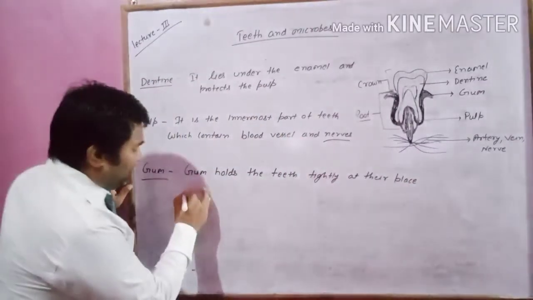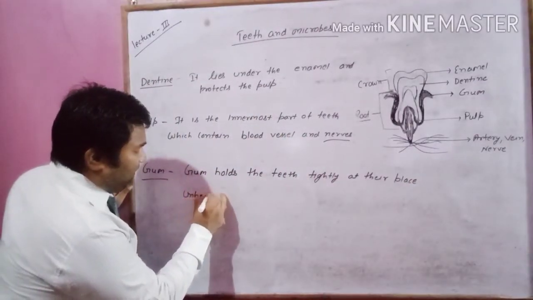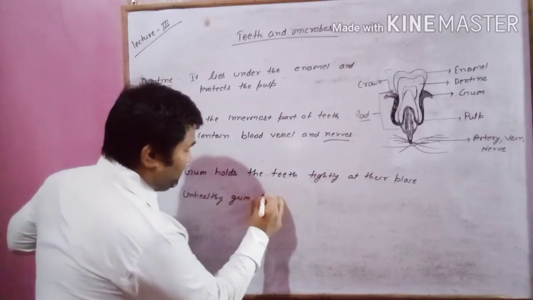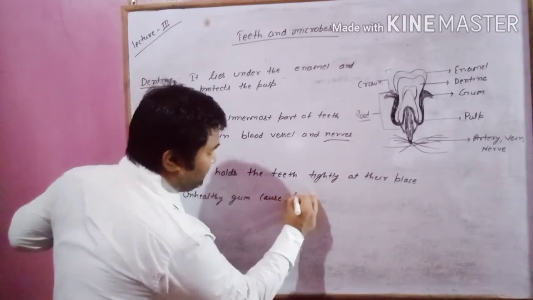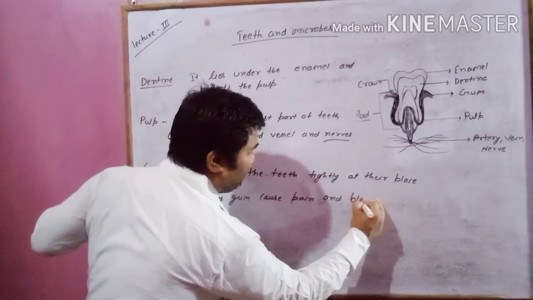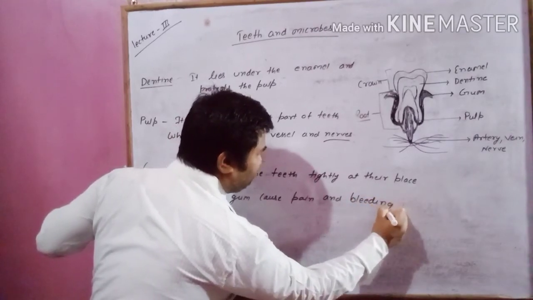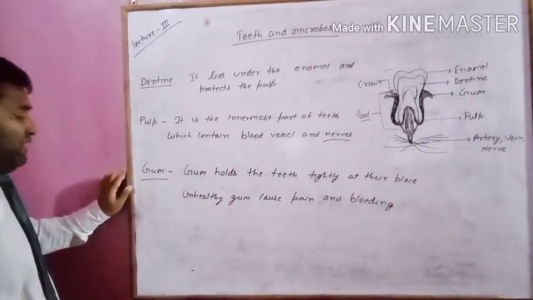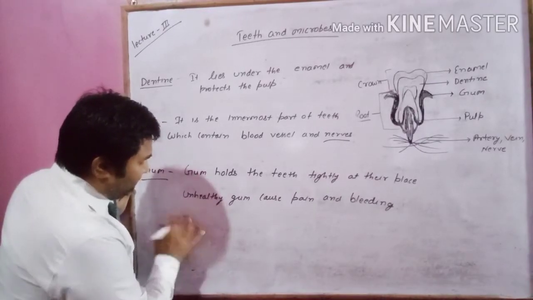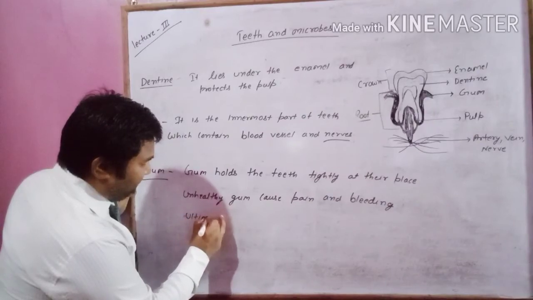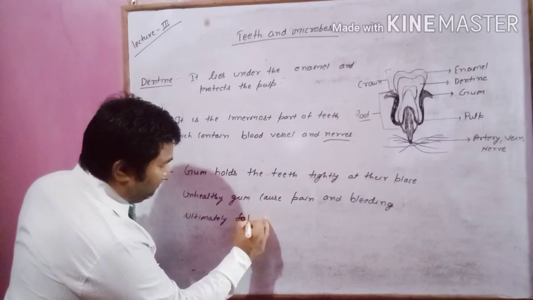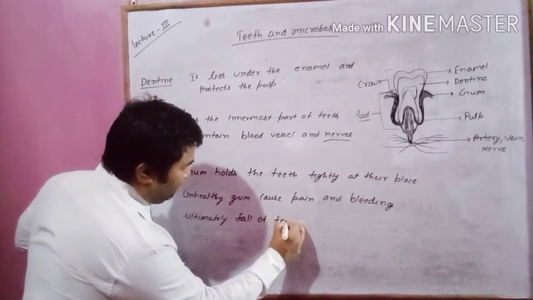Next, unhealthy gum causes pain and bleeding, and ultimately fall of teeth.